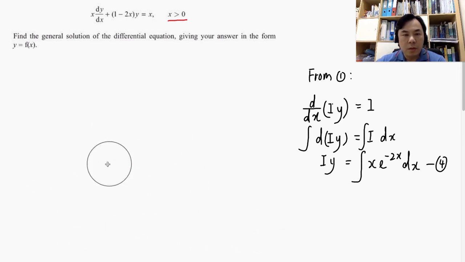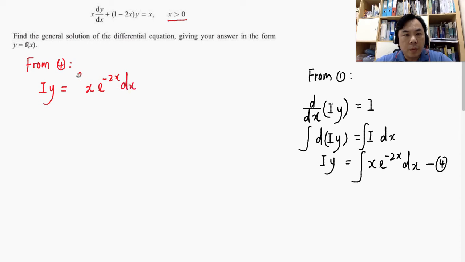Okay, all right, so now we are ready. From equation 4, I can write down I is actually equal to this. Integration by parts. All right, let's consider the right-hand side expression.